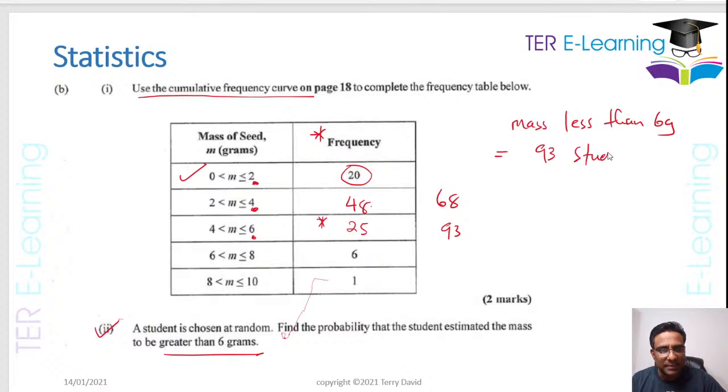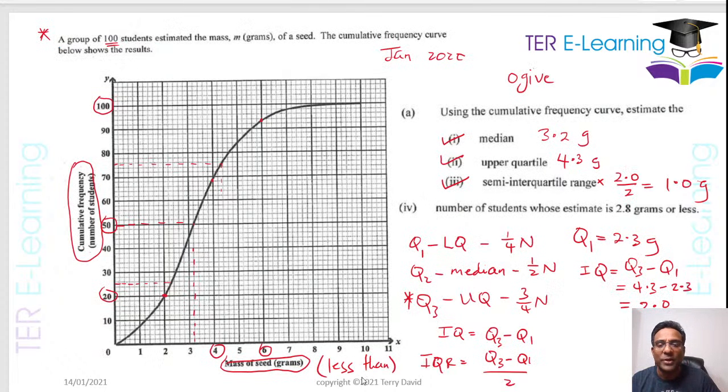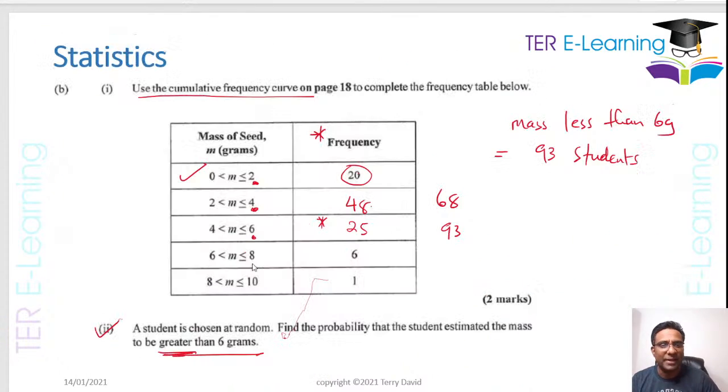But the thing is, the question asks for greater than. Pay attention to this. It's greater than, and I told you just now that this graph only gives me less than. So if we want to work out how many students estimated more than 6 grams, that is going to be 100 minus 93, which gives me 7.